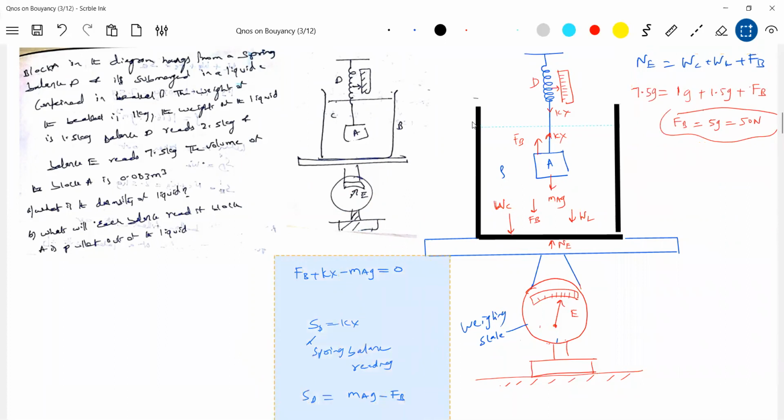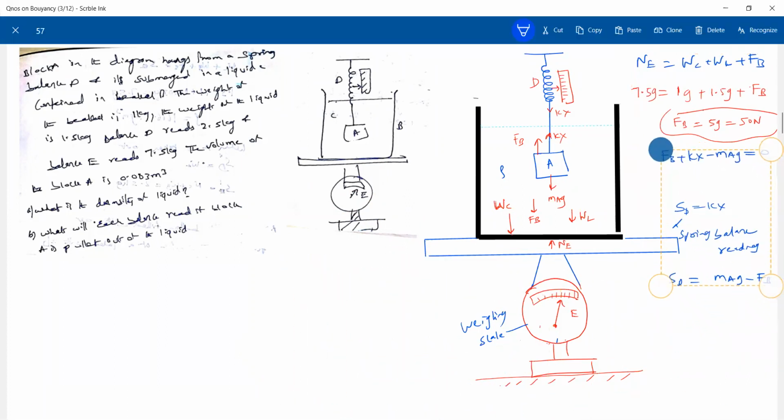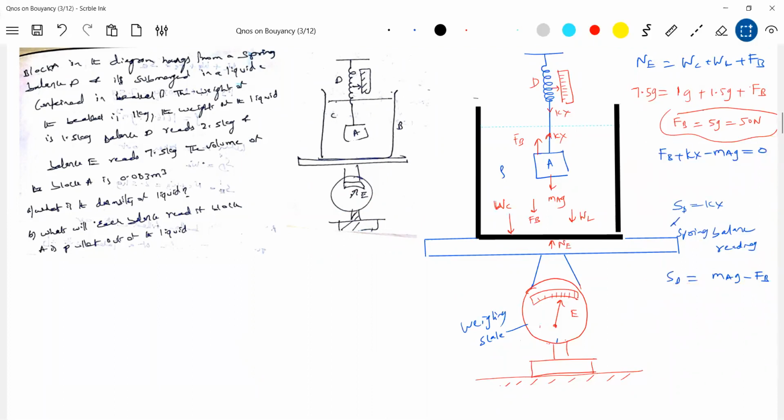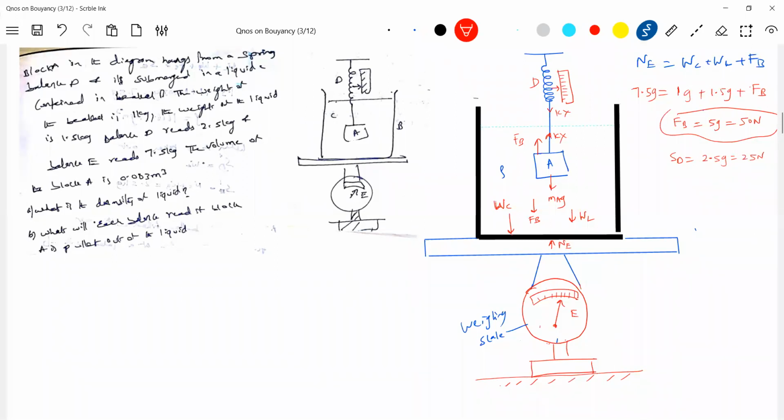Okay, now let's get into the calculation part. Okay, fine. So with spring balance D reading 2.5, we know SD is equal to how much? 2.5 g or 25 Newton.